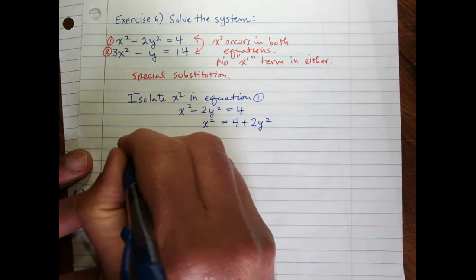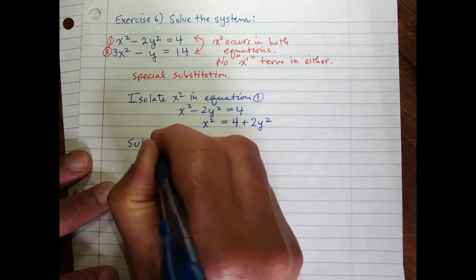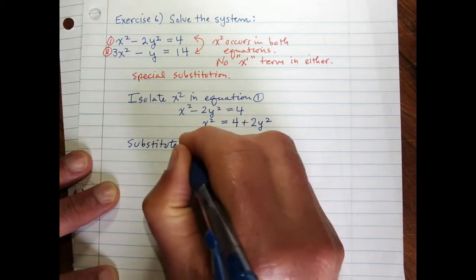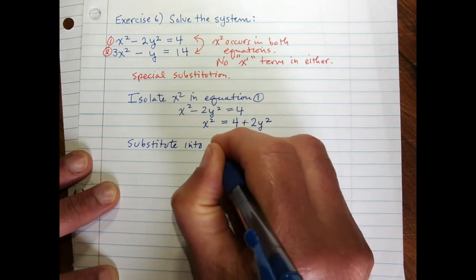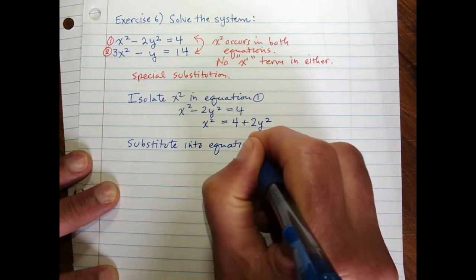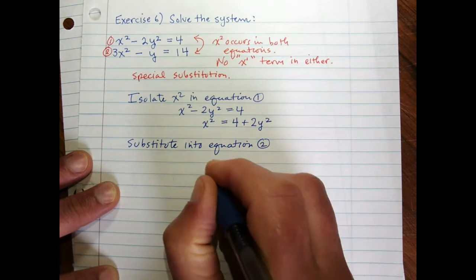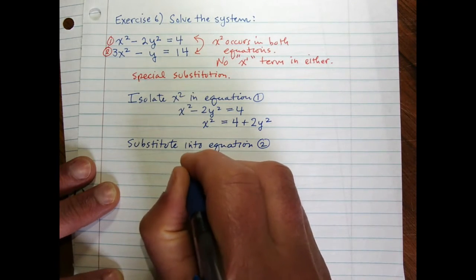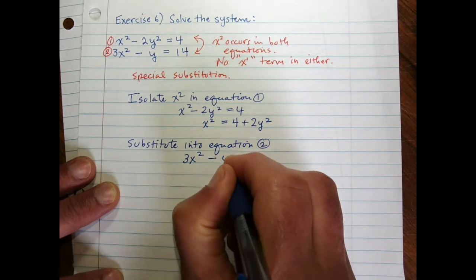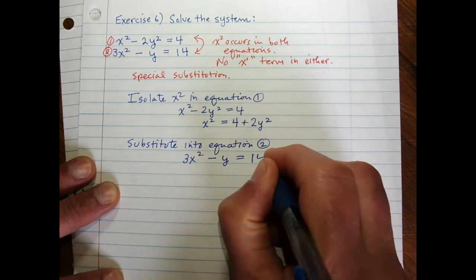And then I'm going to substitute the x squared into equation 2. So I'm going to take equation 2, the second one, 3x squared minus y equals 14.